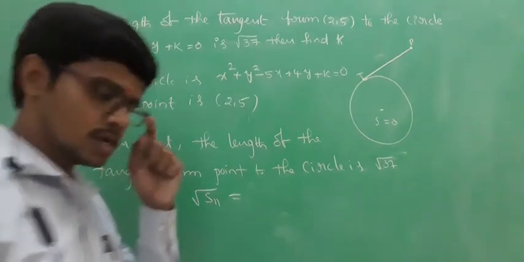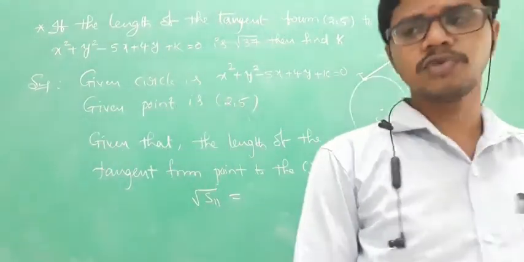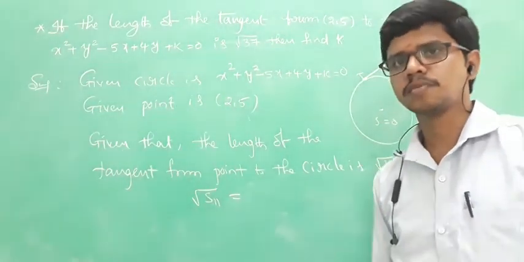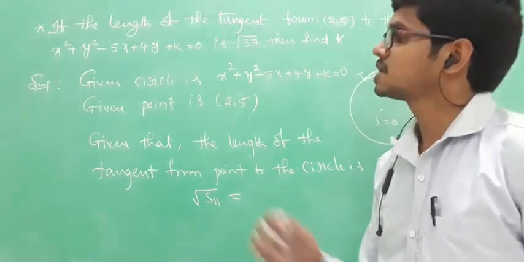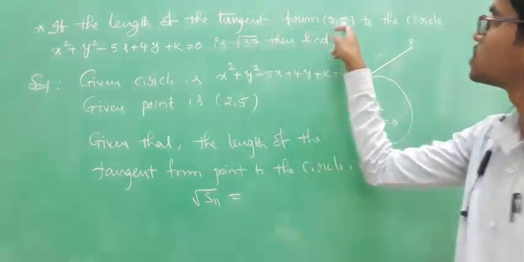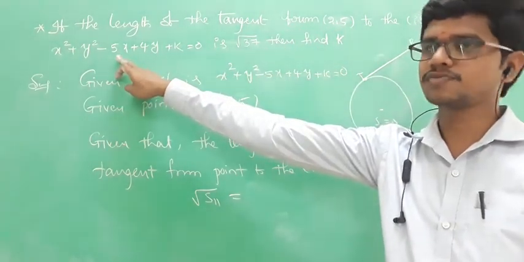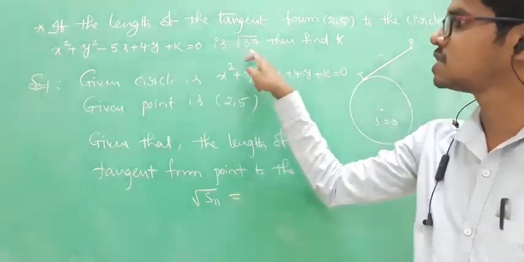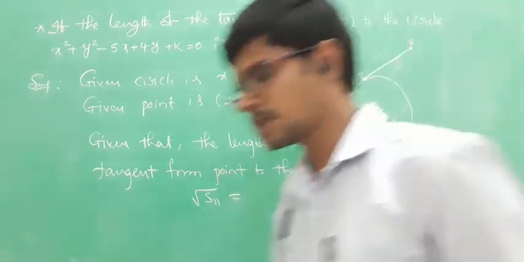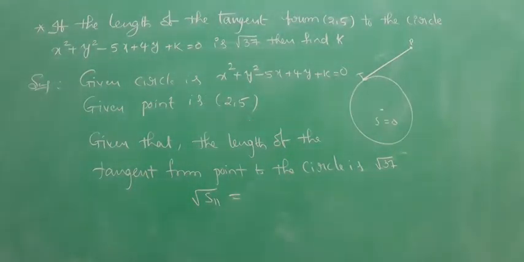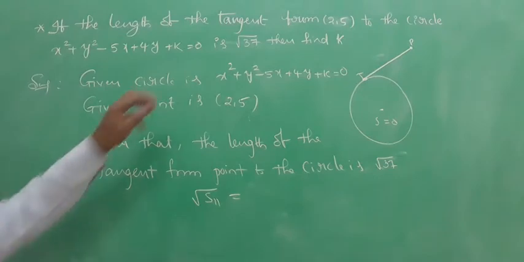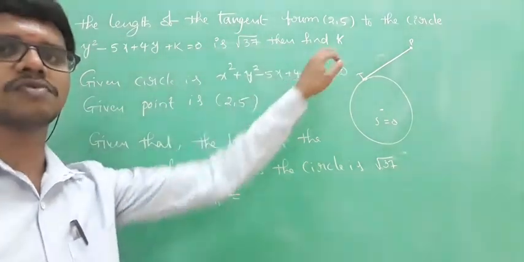See students, another most important problem from the examination point of view. The length of the tangent from (2, 5) to the circle x square plus y square minus 5x plus 4y plus k is equal to 0 is root 37. In the previous problem the length was 1 unit, but here the length is root 37. Again, we have to find the value of k.